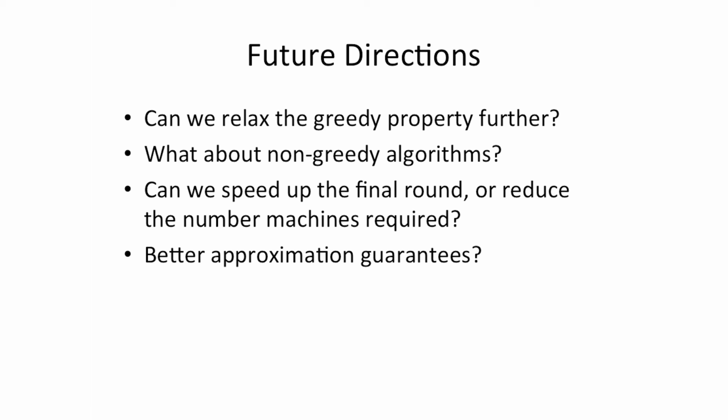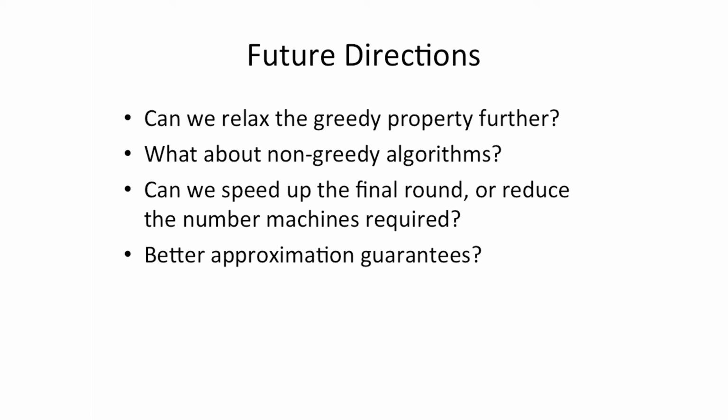So another question is whether we could save on some space and running time on the final machine. So the final machine gets k times m elements, and this could be large. So can we reduce that? And there's always the question of whether we can do better approximation guarantees. So Vahab and Murtaza have some lower bounds in some settings, which are very interesting, but there still seems to be some room for improvement.